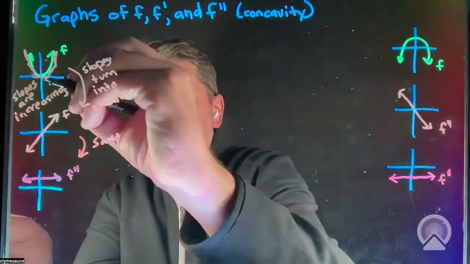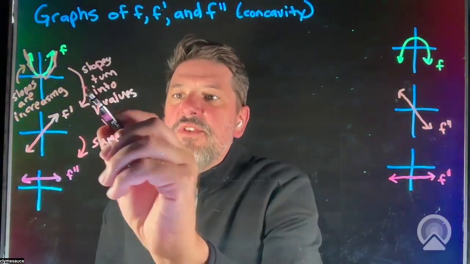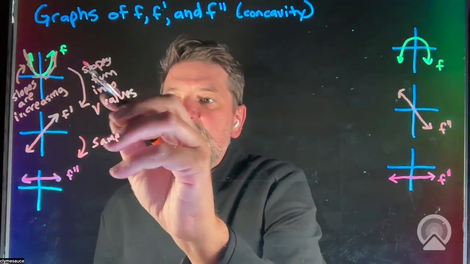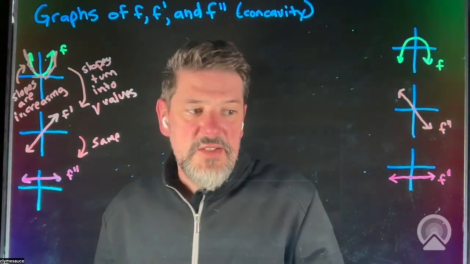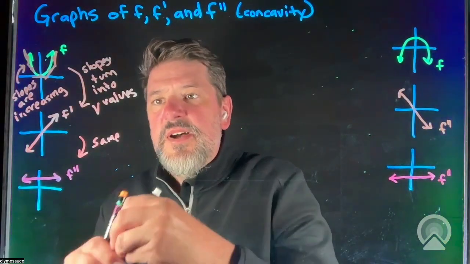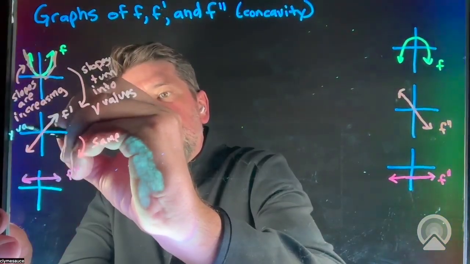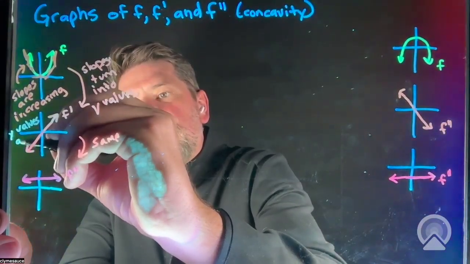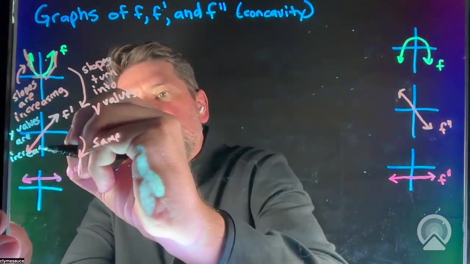The slopes are increasing. So I'm going to draw an arrow to that so we can see that slopes are increasing. So the slopes on this one are always increasing, which means the y values of this guy have to be continuously increasing. So the y values on this guy are increasing.